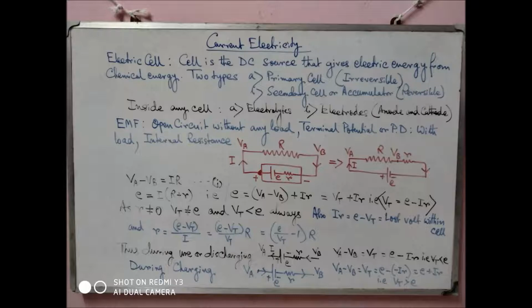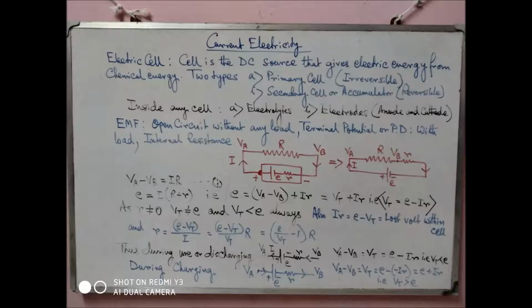Now what is EMF, electromotive force? Though the name is electromotive force, actually it is potential difference. Potential difference between what? Potential difference between two terminals of the cell when it is open circuit. Now what is open circuit?